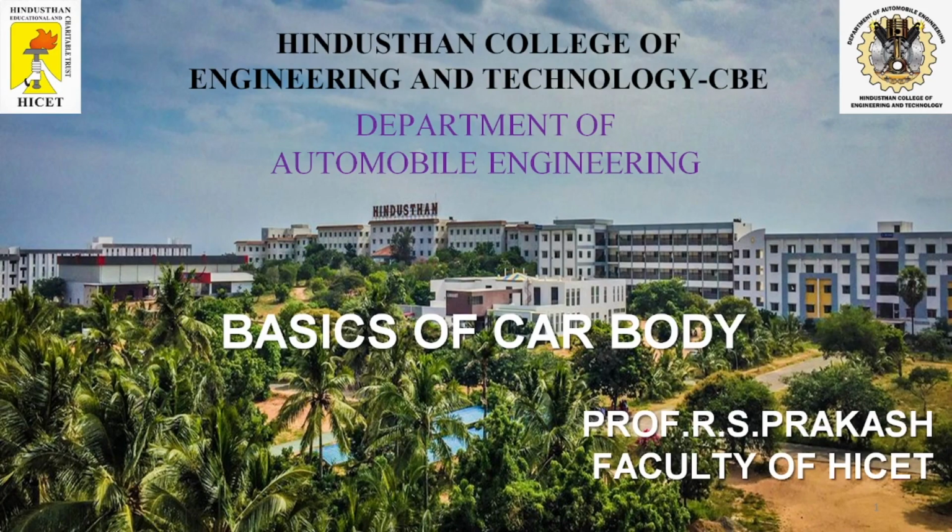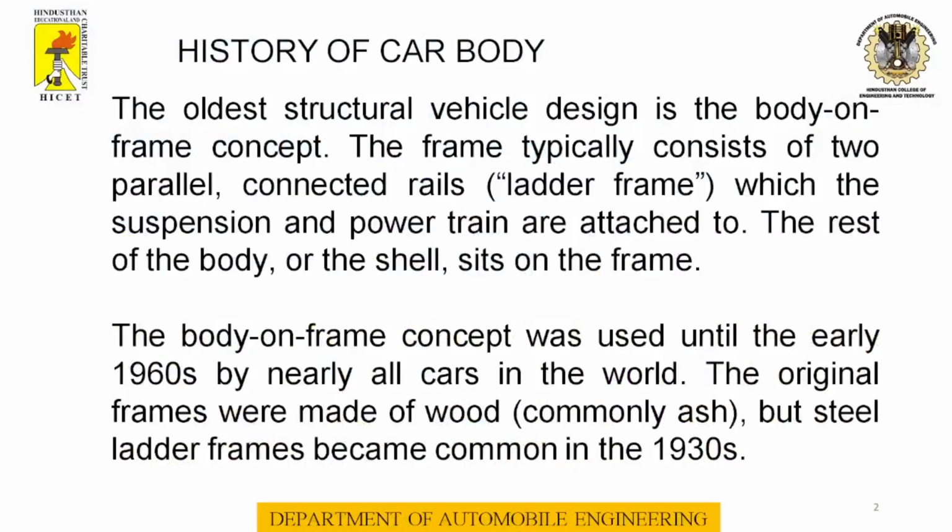Today we are going to discuss the basics of car body. History of car body. The oldest structural vehicle design is the body on the frame concept. The frame typically consists of two parallel connected rails, like a ladder frame, to which the suspension and powertrain are attached, and the rest of the body or shell sits on the frame.